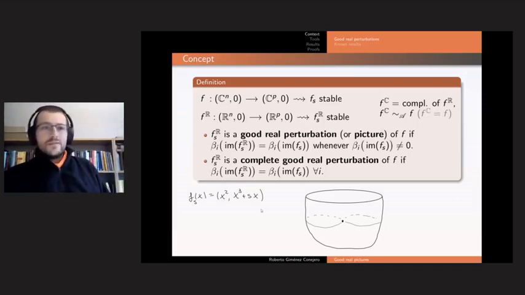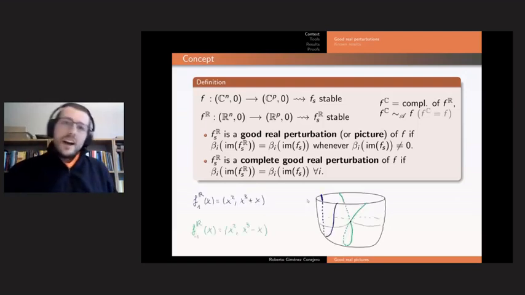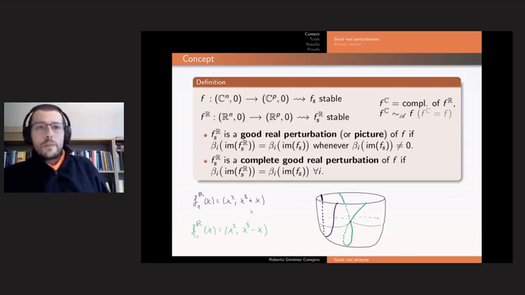For example, in the previous example, we had this stable perturbation for s non-zero. In the real case, if the parameter is 1, you have this perturbation, and the corresponding complex picture would look something like this. And of course, this has no Betti number.